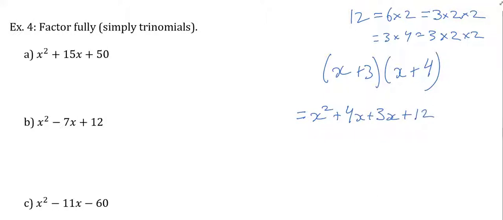I don't think we saw any of those like that yet, did we, in the preview? Plus 12. And this is actually plus 3 times 4, right? And then in the next step, I can put the x's together and I get x squared plus 7x plus 12. And this is 3 plus 4, and this is 3 times 4. That's a really important part of simple trinomial factoring.